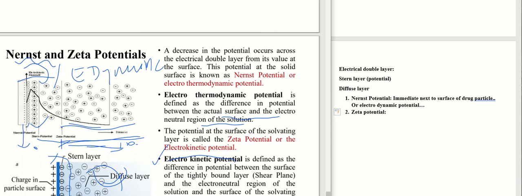Electrokinetic potential is defined as the difference in the potential between the surface of the solvating layer and the electroneutral region of the solution.